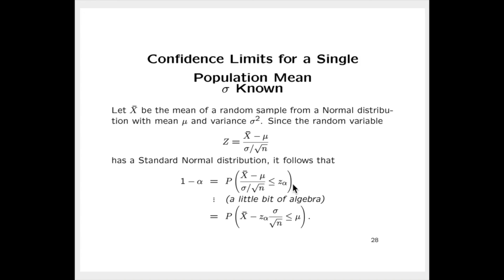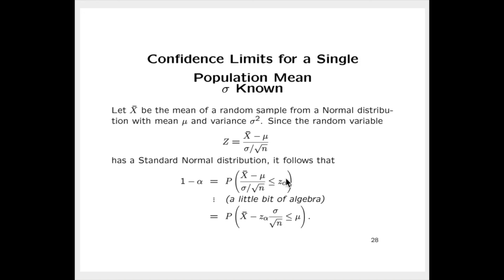Now, we can do some algebraic work on the components inside the parentheses. What we would be doing is multiplying both sides of the inequality by sigma over the square root of the sample size, and since that term is positive, the direction of the inequality stays the same. Then once we do that, we add mu to both sides. And when we do that, we get the following equivalent event: x bar minus z sub alpha times sigma over the square root of the sample size is less than or equal to mu.